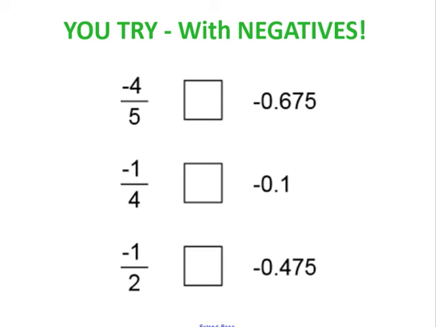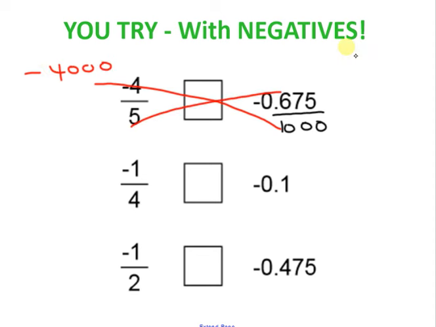All right, so I know that this says you try, but I'm going to do these with you as well since they are negatives and they are a little new. So here we have negative 675 thousandths, so I'm going to put it under 1,000. And remember, there's no change here. It's just remembering that with negatives, the bigger number is the smaller number. So 4 times 1,000 is going to be negative 4,000, because remember they're negatives now. Okay, and then we have 5 and 675.